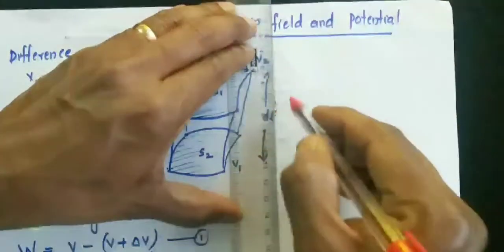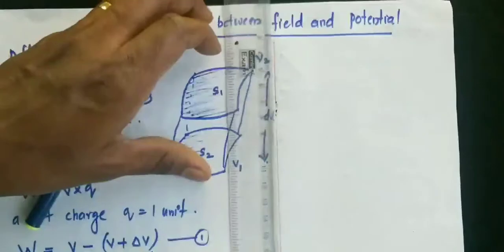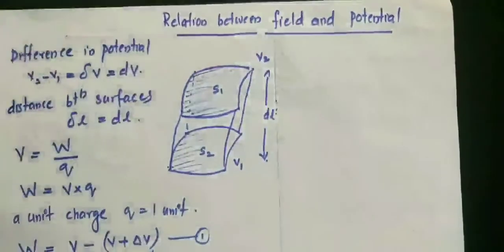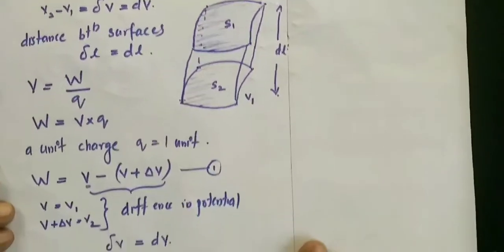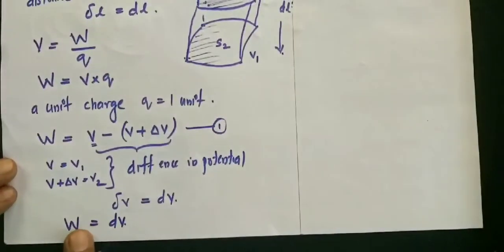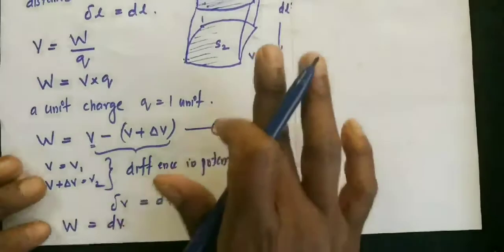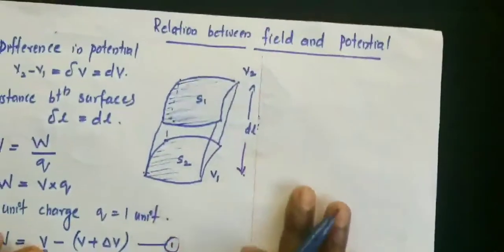Okay, let me write the rest of the things on the right side. Oh, sorry, you couldn't see the rest of the derivation. Okay, let it be W is equal to V minus (V plus delta V), and finally W is equal to dV. It is written.